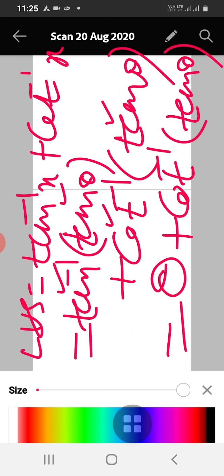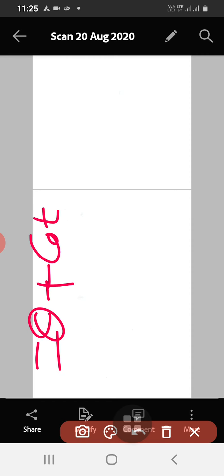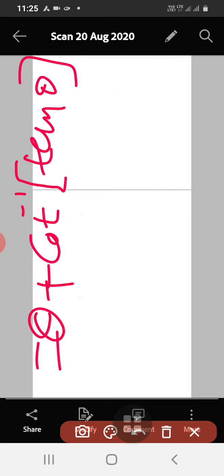We have to convert this tan to cot in the next step. So that I can do it here, theta plus cot inverse of tan theta.